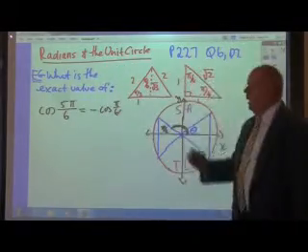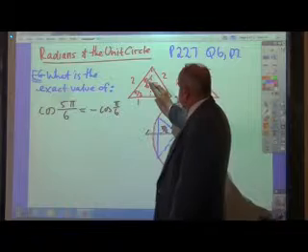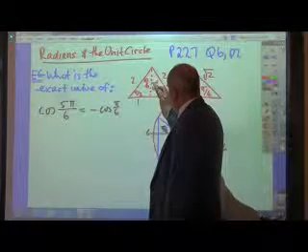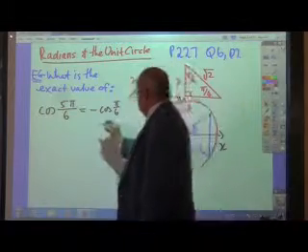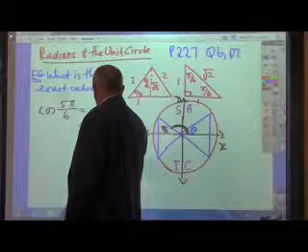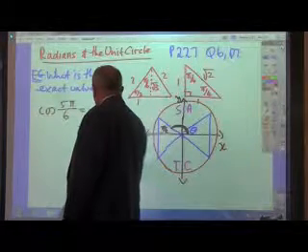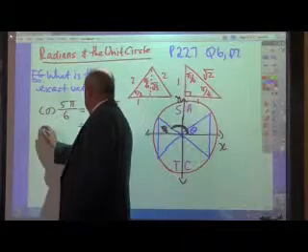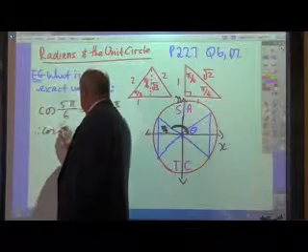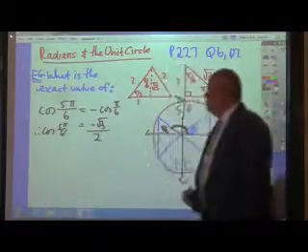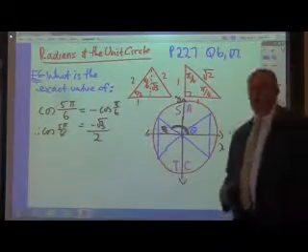So pi on 6, here it is. I am talking about the cosine ratio, so it's adjacent over hypotenuse. So my answer is equal to negative square root of 3 on 2. Therefore, cos 5 pi on 6 equals negative square root of 3 on 2.